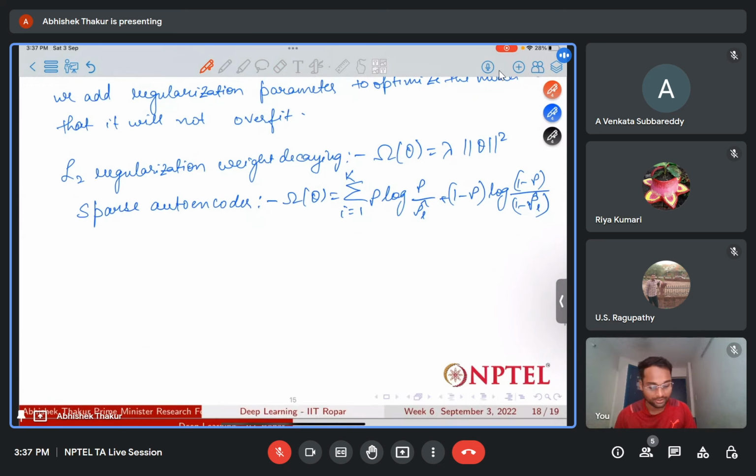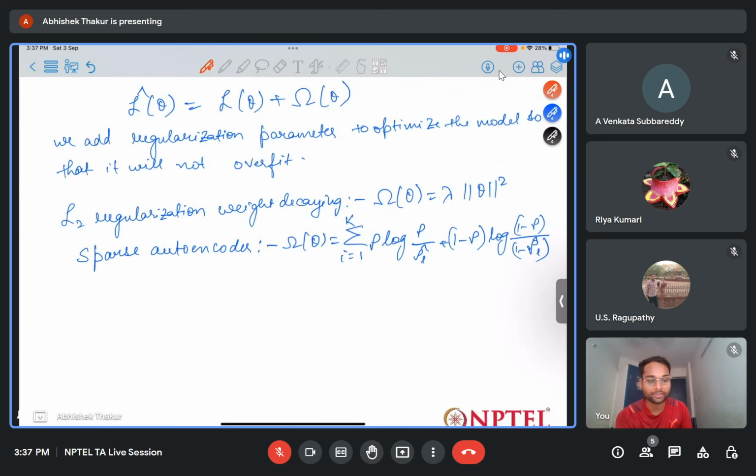And we have studied one more regularization parameter, that is the contractive autoencoder. In this, we have to calculate the Jacobian also.